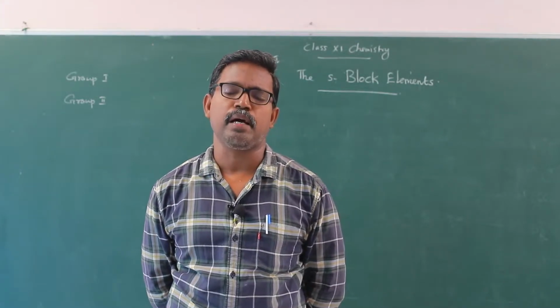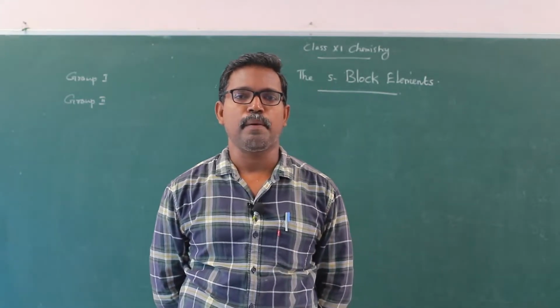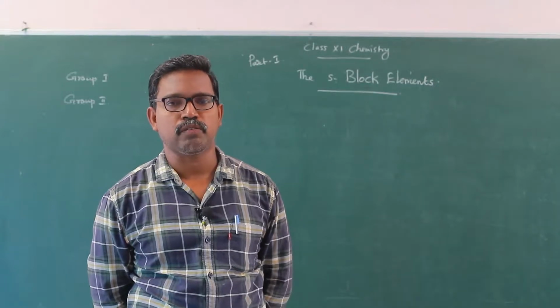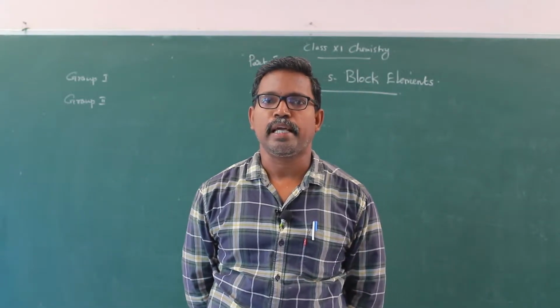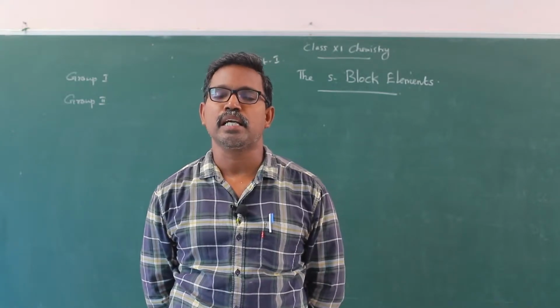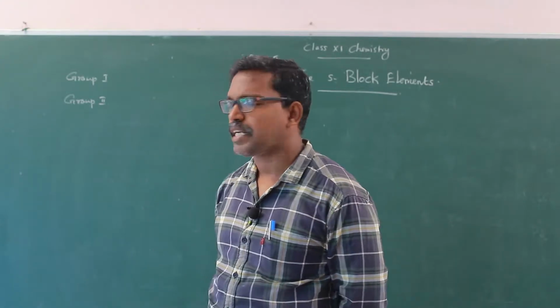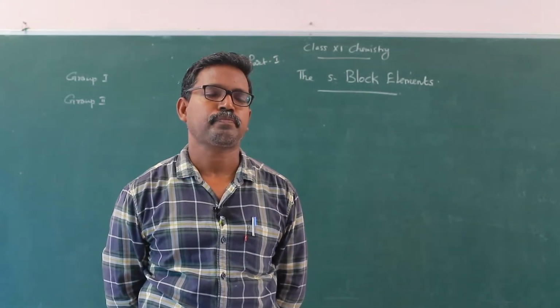The group 1 elements are called alkali metals. Group 2 elements are called alkaline earth metals. The electrons enter into ns1 and ns2 orbitals, therefore they are generally named S block elements.